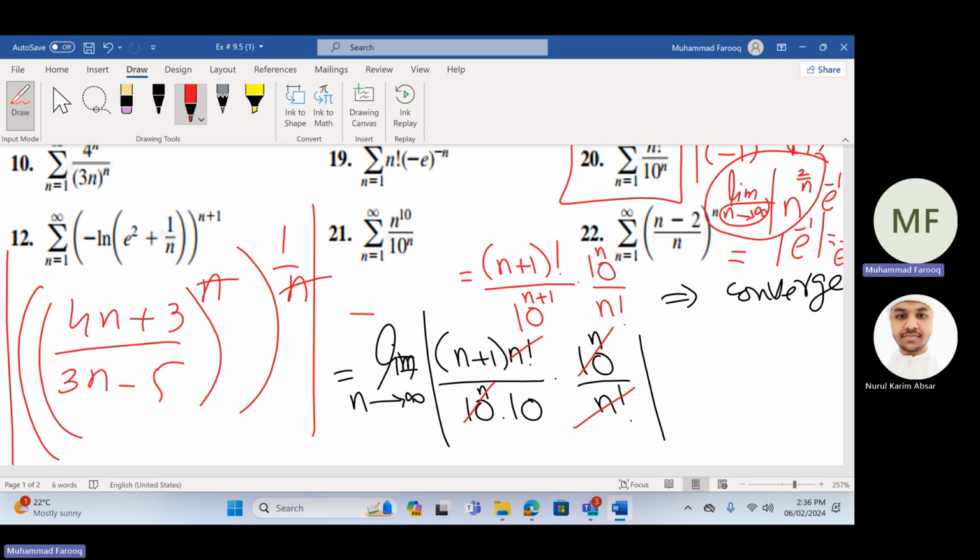So now after this cancellation, 10 is in the denominator, you can take it outside, we have now 1 over 10. And we have now the limit as n goes to infinity of n plus 1. And definitely the answer is what? Infinity. Which is basically, if any calculation gives infinity, it is divergent. Yes, this is divergent.